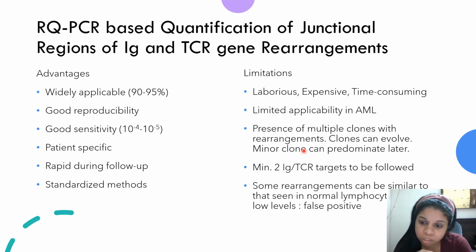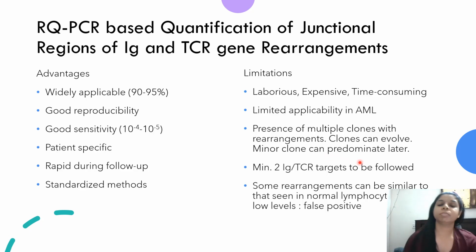So suppose the major clone which we were studying and noting for the MRD got evolved, or they evolved by chemotherapy or induction, and are not at all showing that VDJ recombination now. So at that time maybe the minor clone will predominate after the therapy.